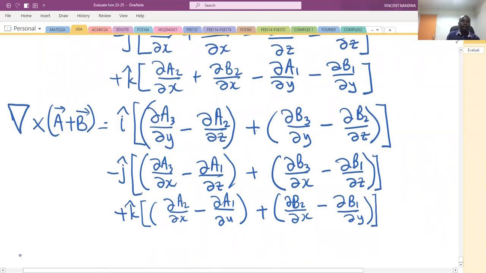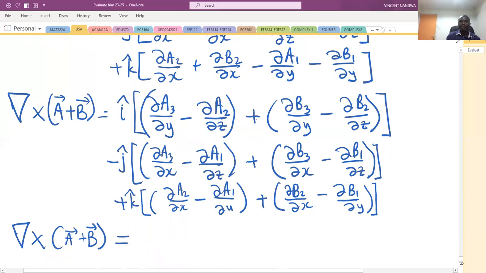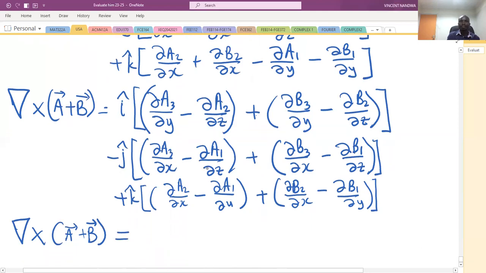Now, the curl of the sum will be, so I want to take A's together and then B's together.